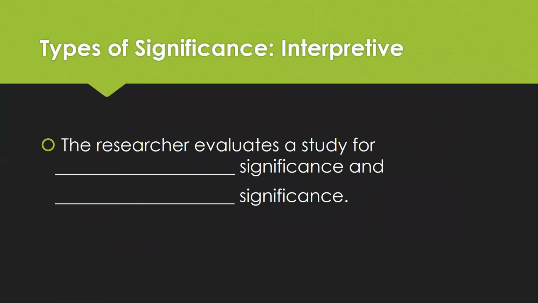Now remember, there's two kinds of significance, and this is where even statistical studies are basically interpretive. So this is where a quantitative study is considered interpretive, just like a qualitative study, because a researcher evaluates a study for two types of significance.